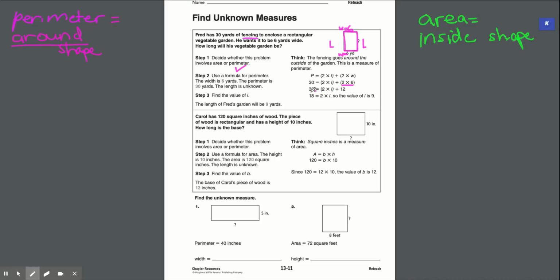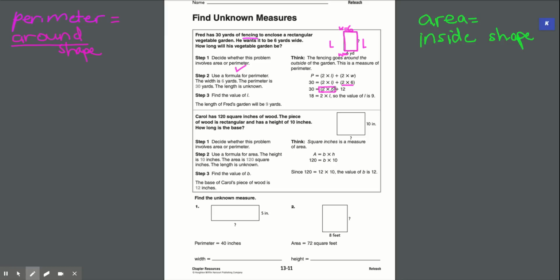So we know that 18 is going to be equal to 2 times L. Now, how do we know that? Because this whole value, 30, is equal to something plus 12. This is the missing number we need to find. That's the same as saying 30 equals blank plus 12.